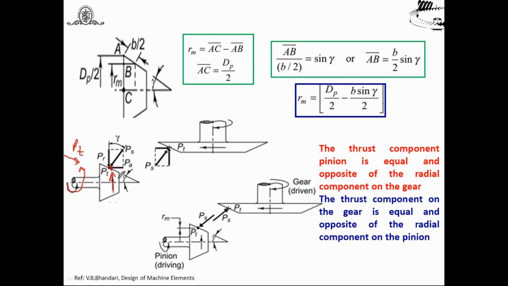That's why here you can show the points, and always remember, even though it's a pinion with this direction of rotation, the PT is opposite to that, even though in this X and Y plane we are showing it in this direction. Then PR is always the radial force which acts towards the center. Then this is the separating force that we have shown already, and this is the axial force, and this makes an angle. But the other forces are simple.